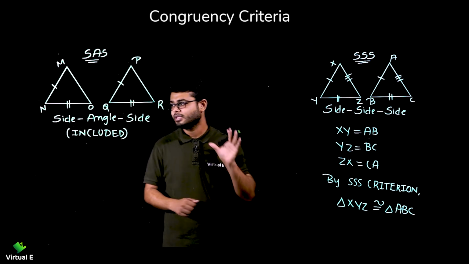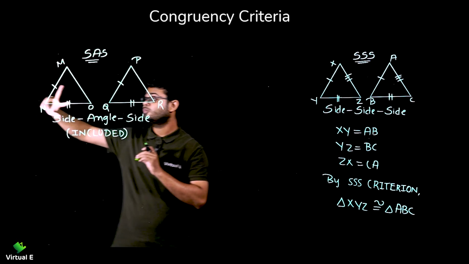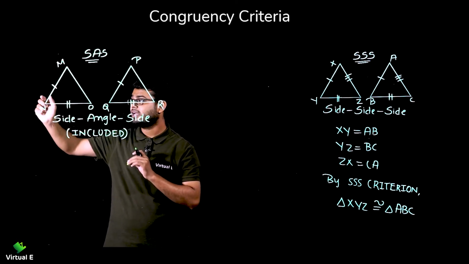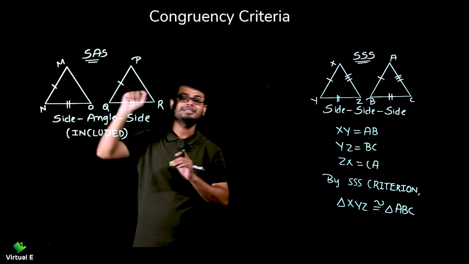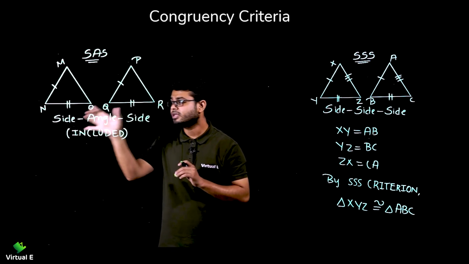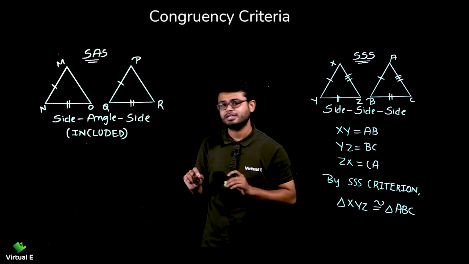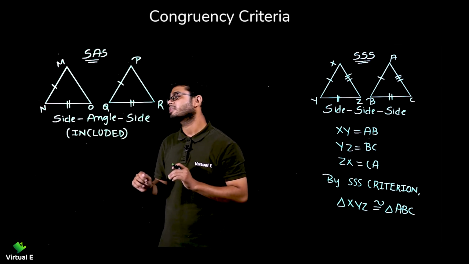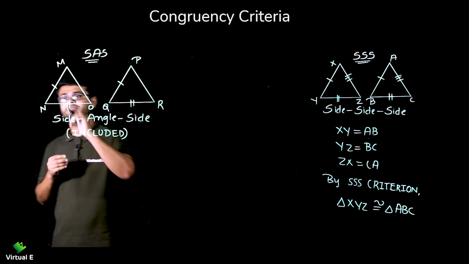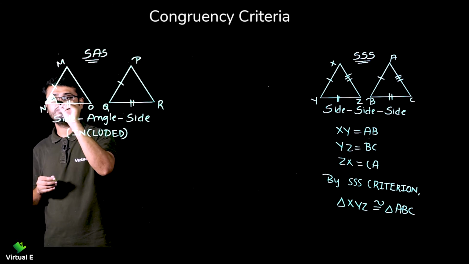So now we are done with the two sides, right? And if you observe, between these two sides there is an angle. This angle is called the included angle, which is between these two equal sides only, if we want to specify it, right? So this angle should be equal without any doubt. Remember, then only we can follow this condition.